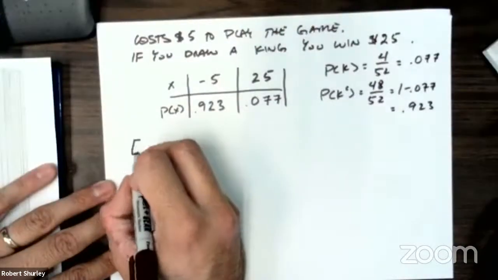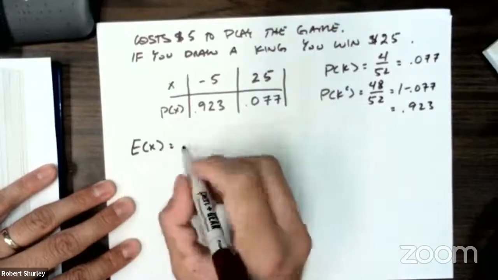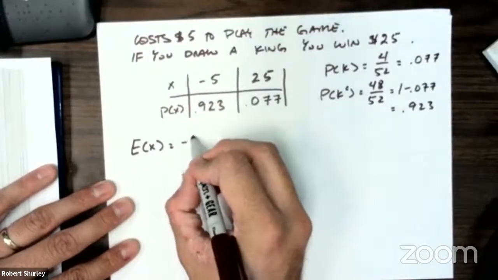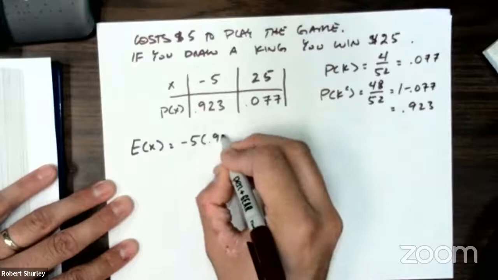So now if I wanted to find the expected value though, we take the outcome times its probability.